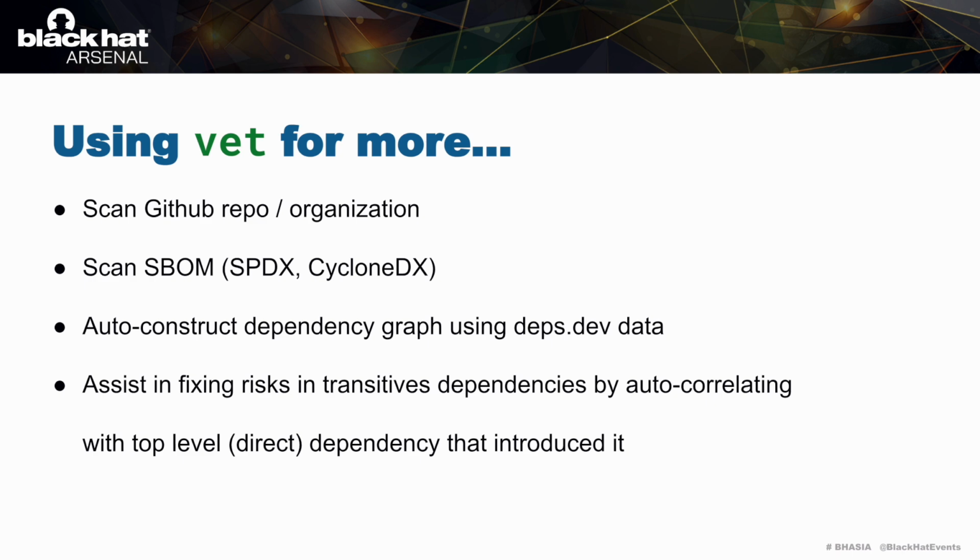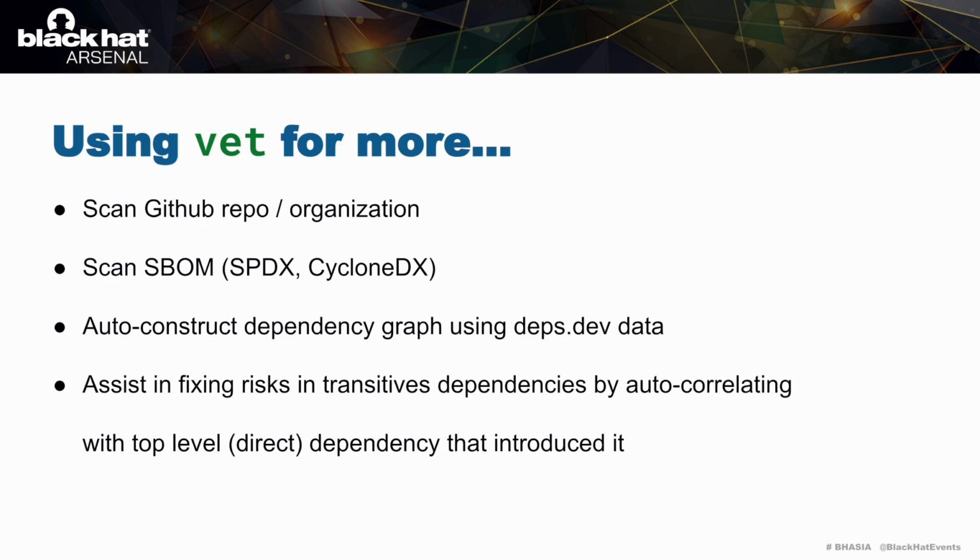WET assists here by showing a path from a transitive dependency to one or more of the direct dependencies responsible for introducing it, so that as part of mitigation you can update the direct dependency.